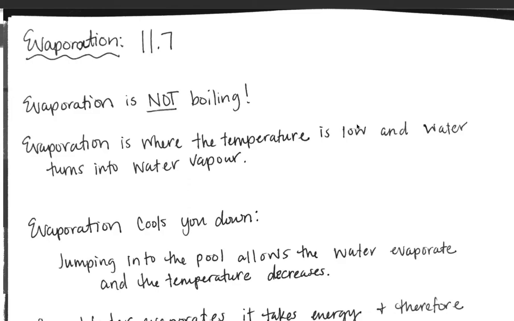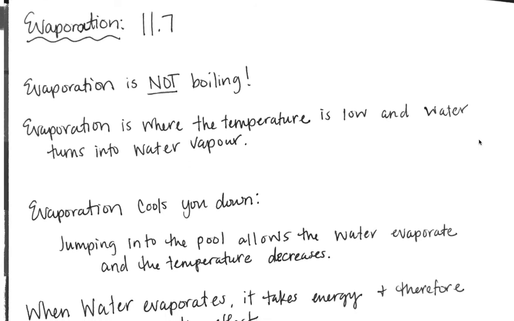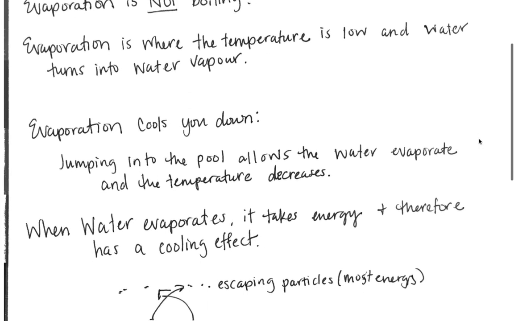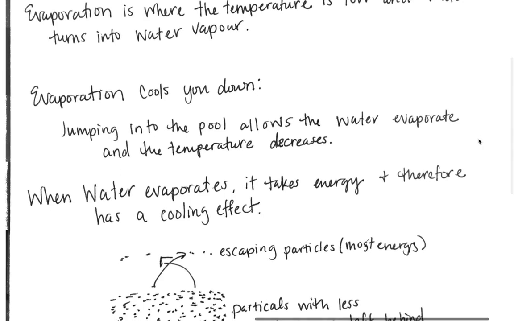We think it's warming up and coming off the leaf, like it's evaporating. And that is what's happening, but it's actually not boiling the leaf to get the water off the leaf. Evaporation is actually where the temperature is low and the water turns into water vapor. So let me kind of explain that because I think it's really hard to explain, or understand.